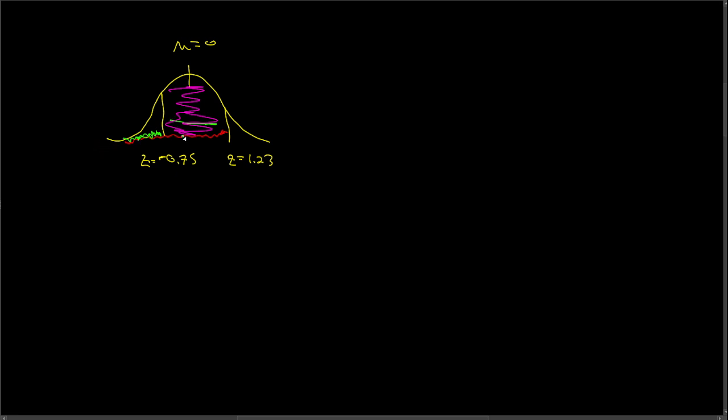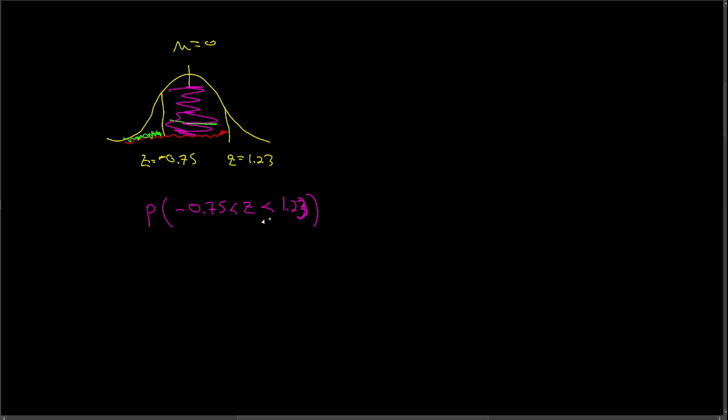So if we get the area all the way up to 1.23, we have more than we need by all the area up to negative 0.75. And so we can look at this as the probability of z being greater than negative 0.75 but less than 1.23.